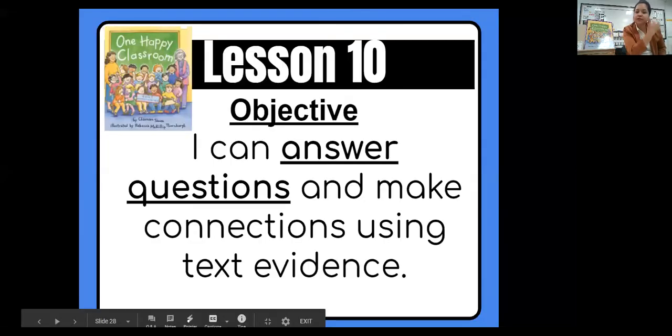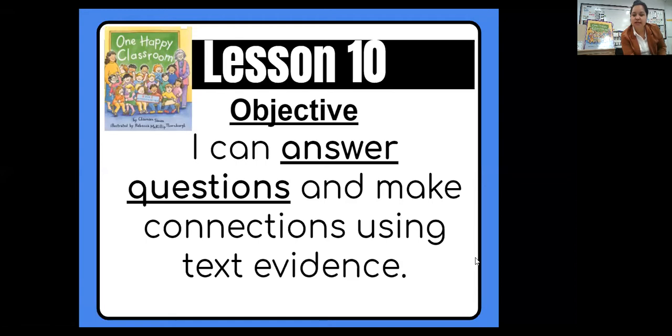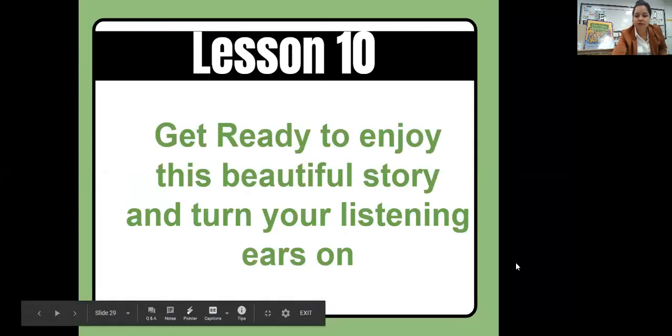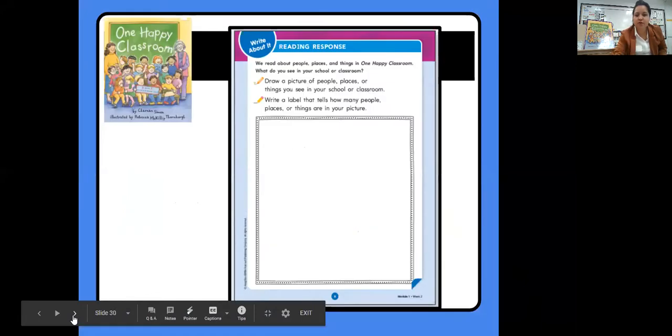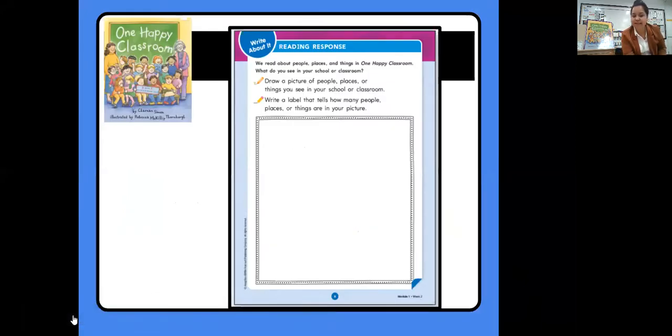Today, we're going to do something different, and let me share my screen so you guys can see the objective for today. All right, so for today, our objective is I can answer questions and make connections using text evidence. So for that, you're going to need that page from your packet.